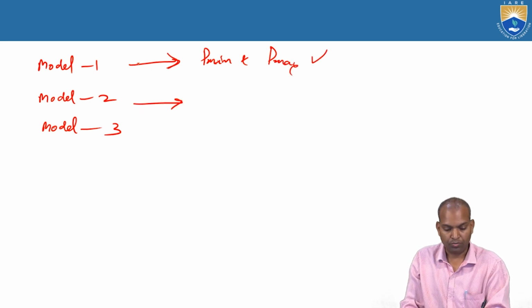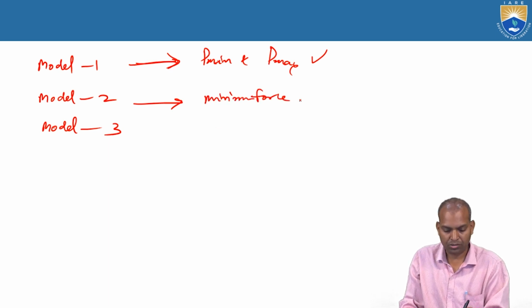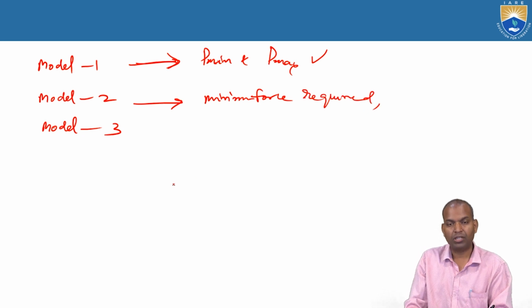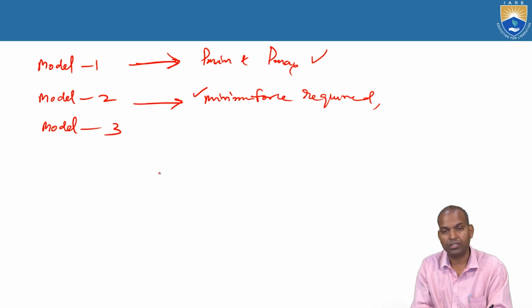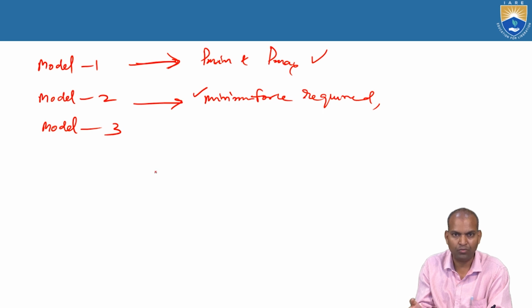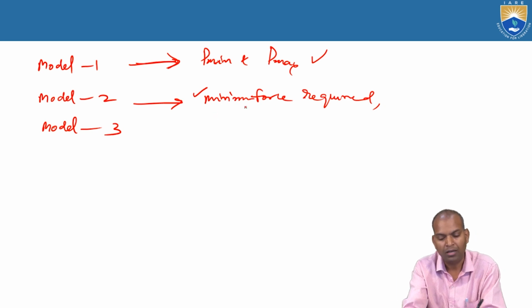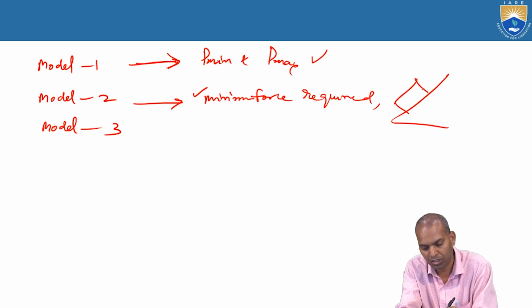Model number 2, what is the minimum force required? The first objective is whether the body is sliding or not. If it is sliding down, what is the minimum force required? What is the condition? Whether it is necessary to push down the body on the inclined plane? That is model number 2.